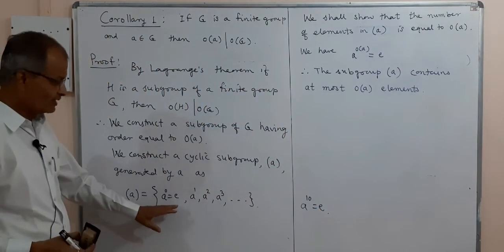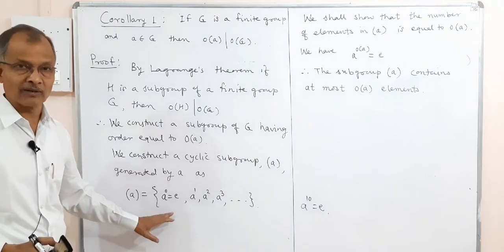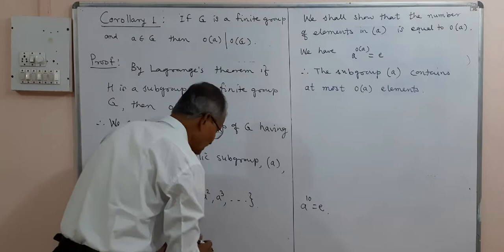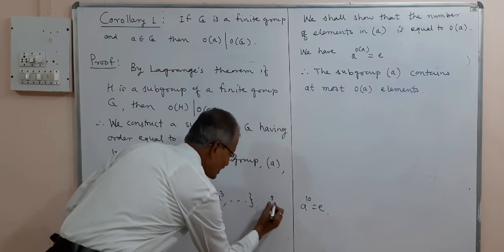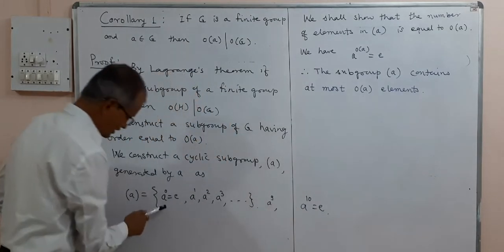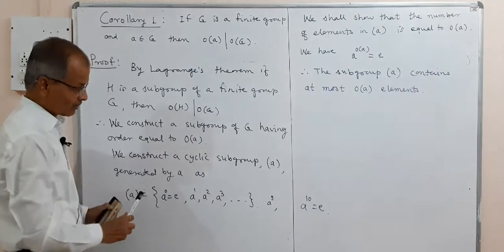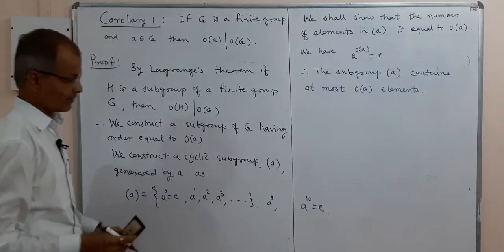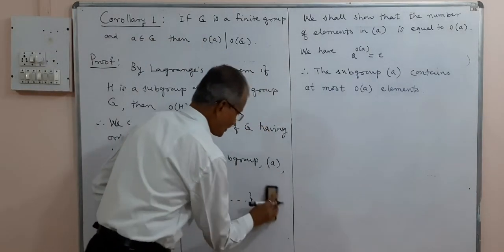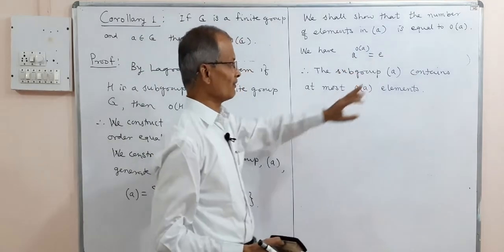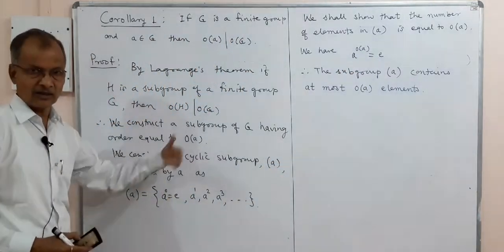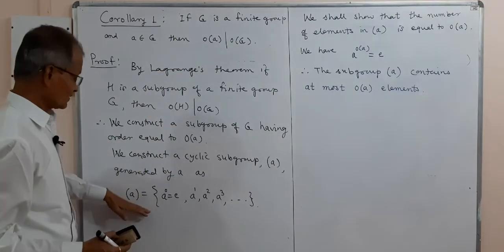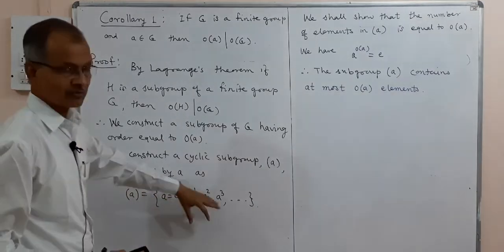Then this group will contain only 10 elements, because the elements continue up to a raised to 9, and a to the power 10 equals the first element. So the subgroup contains exactly order of a elements, because a to the power order of a equals the first element and then it repeats.